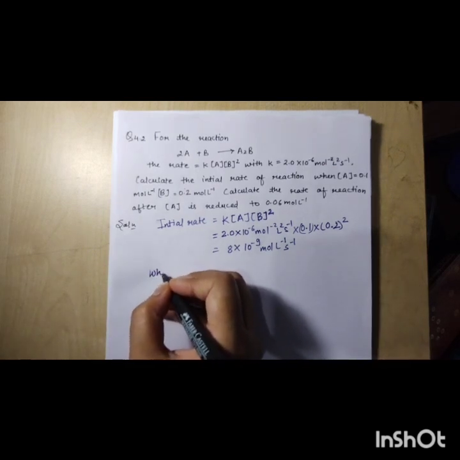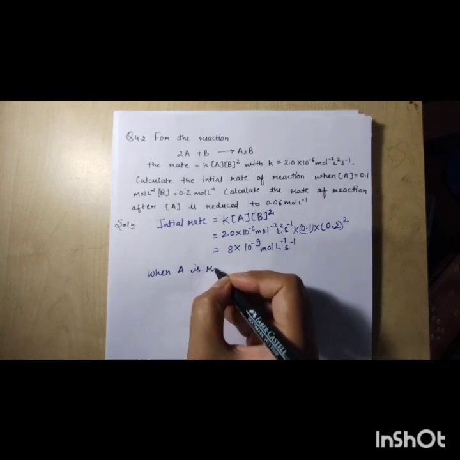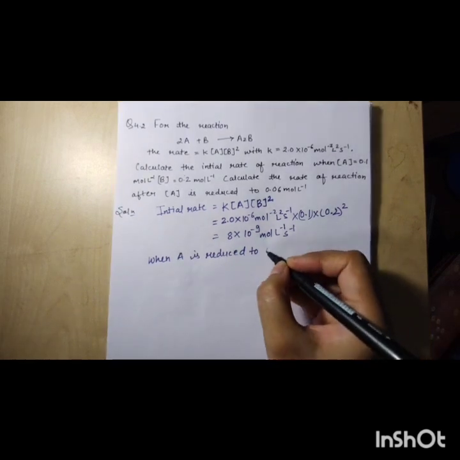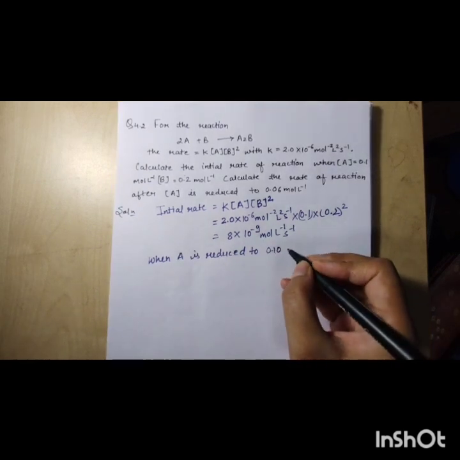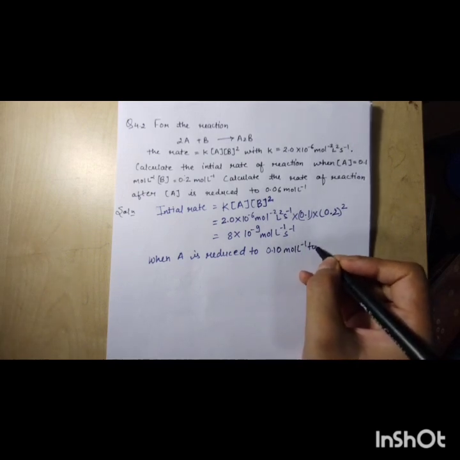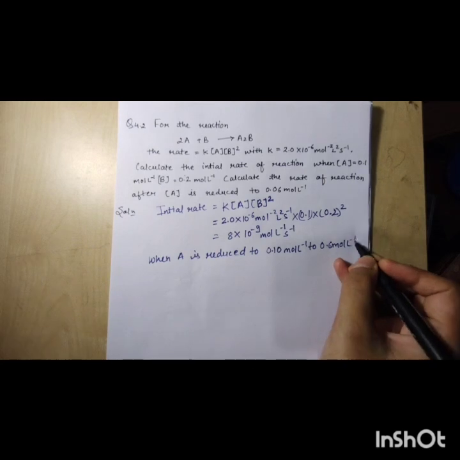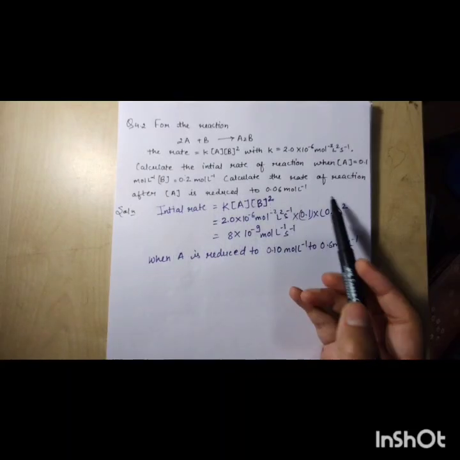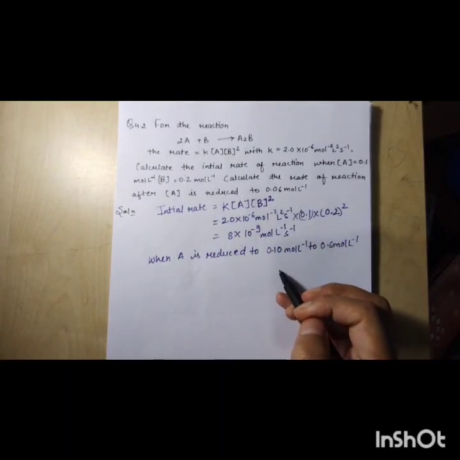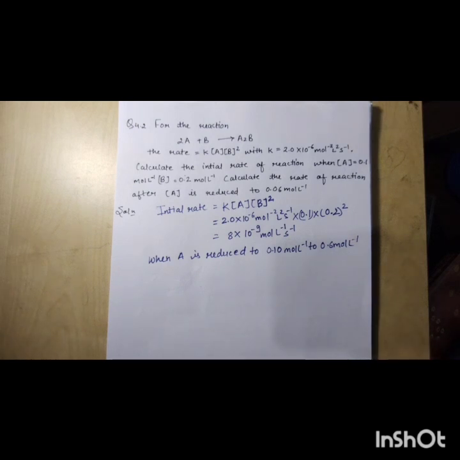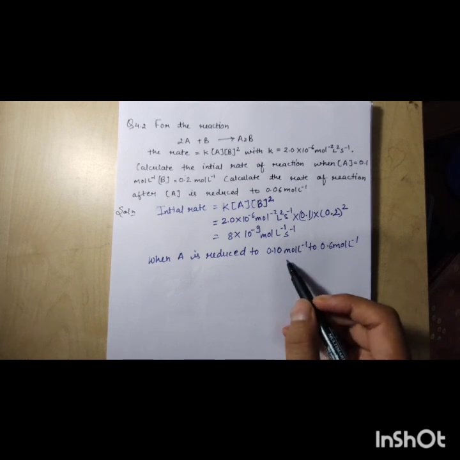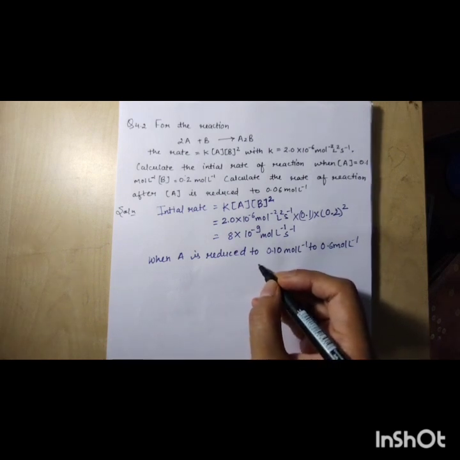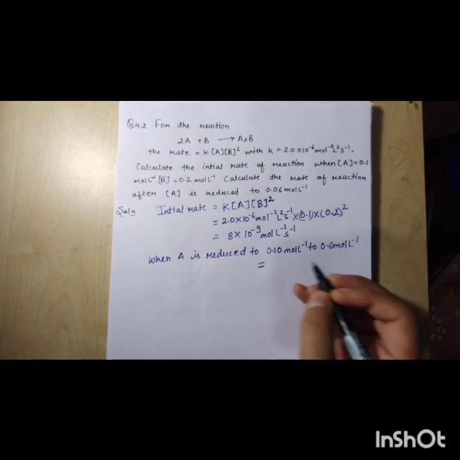Now A is reduced from 0.10 mole per liter to 0.06 mole per liter, as it is given. When 0.10 mole per liter is reduced to 0.06 mole per liter, how much reactant has reacted?